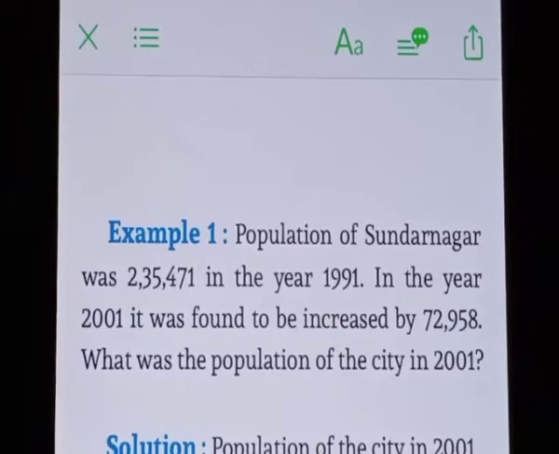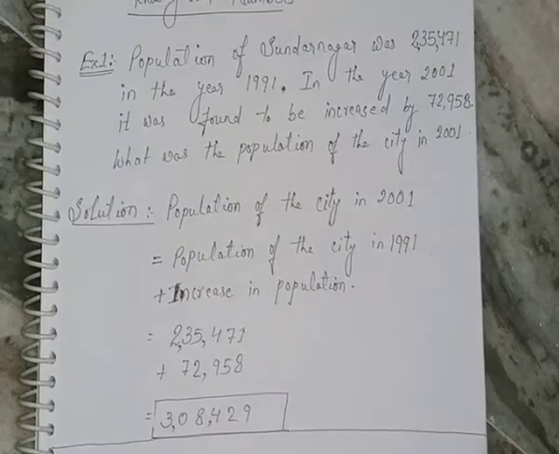So let's get started with example number 1, which I have solved. The question I have already read from the page, so we will solve it now.